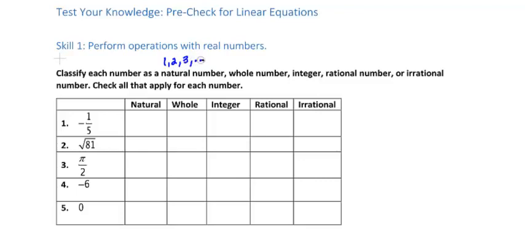Whole numbers are 0, 1, 2, 3, and so on. Integers are the positive and negative whole numbers, so things like -3, -2, -1, 0, 1, and 2.